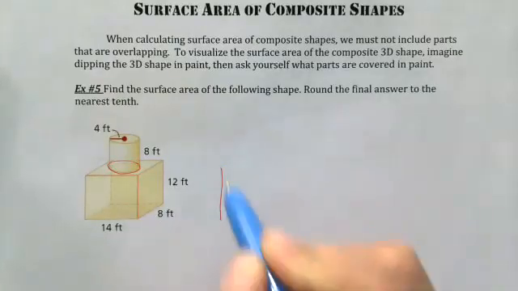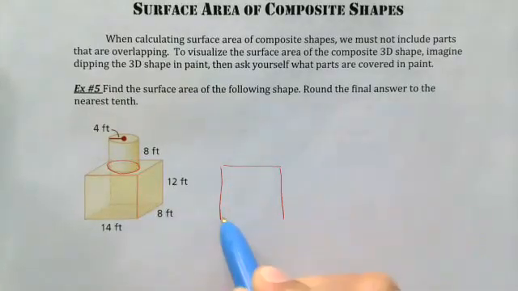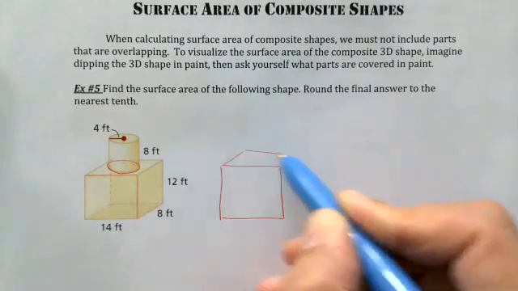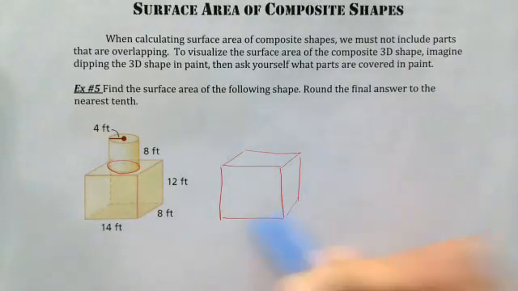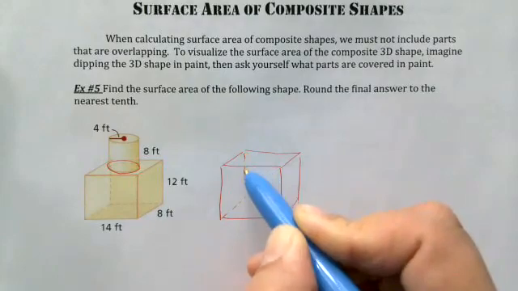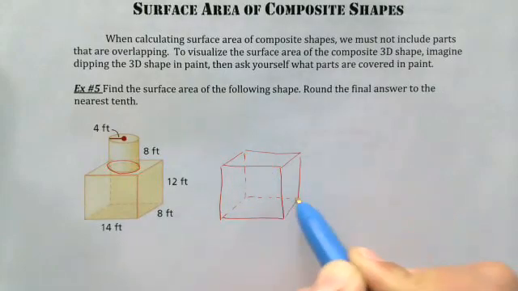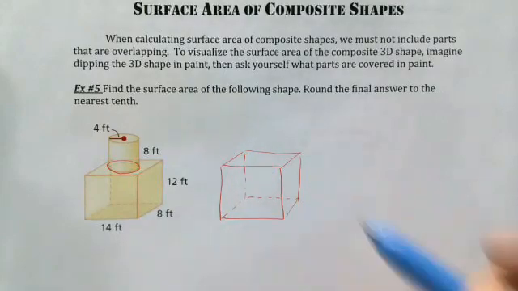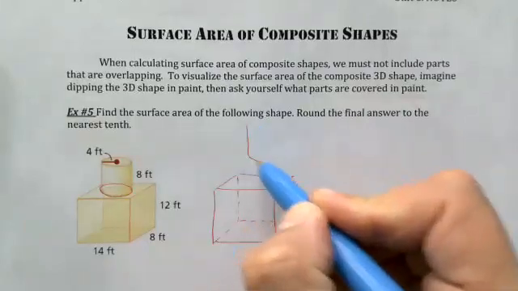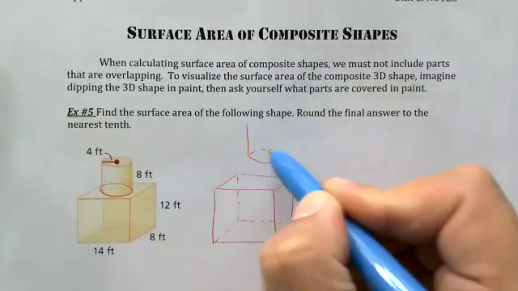Imagine it. I'm going to just redraw it. I like drawing three-dimensional shapes. Inside lines that you cannot see, they're always drawn with dotted lines like this. Now imagine the cylinder separately.